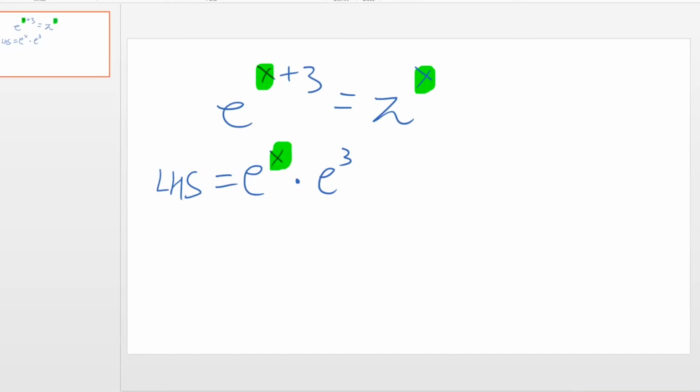The right hand side is already given, it's also power x. So all I need to do is equate these two. This e to the power of 3 is actually a constant, just like your 2 or 3 or 4. So I just put it in front. So you equate it, and you should get this.